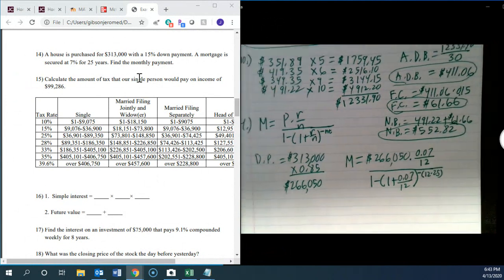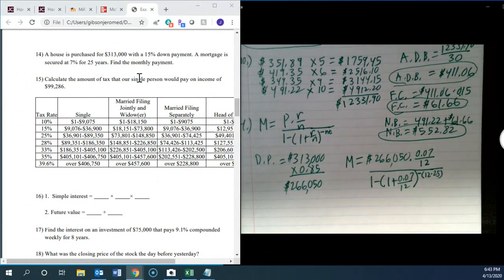Now, if you look at this problem here, we know 12 times 25 is 300, and you can multiply that in your calculator. So this is really taken to the negative 300 power, just this parenthesis here.